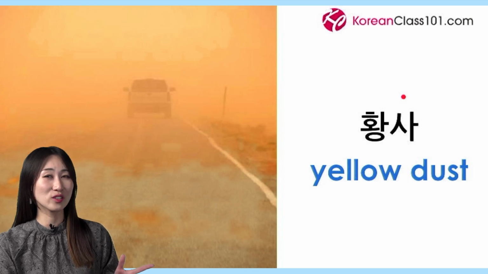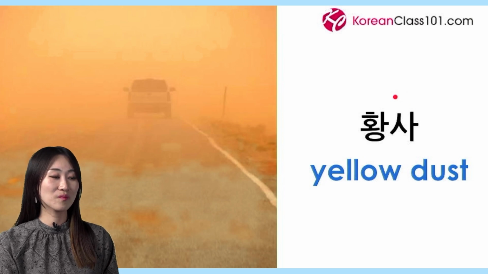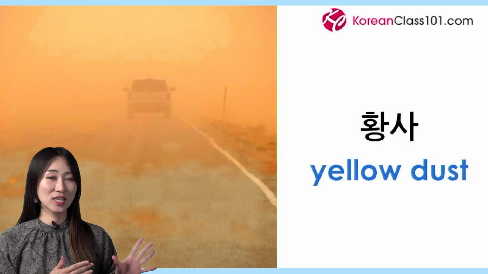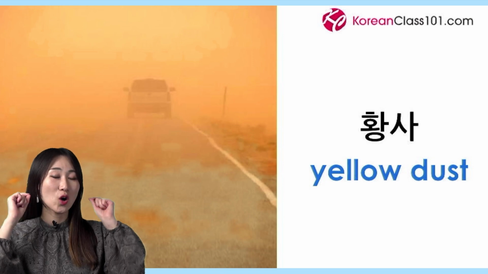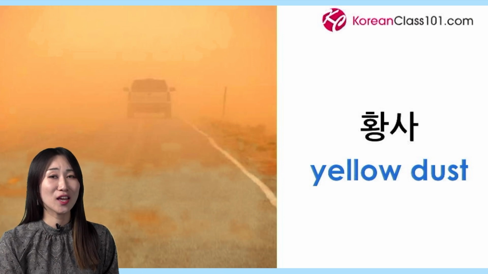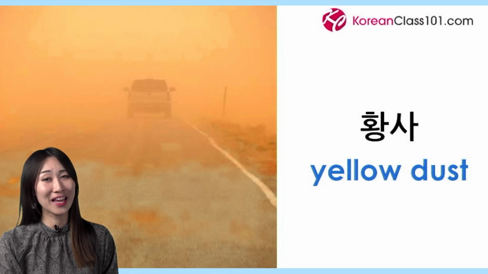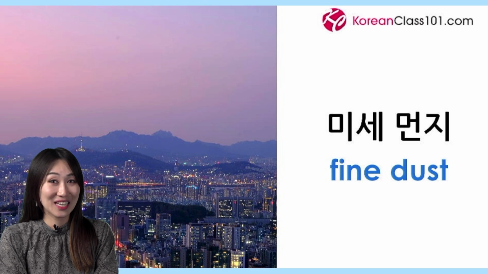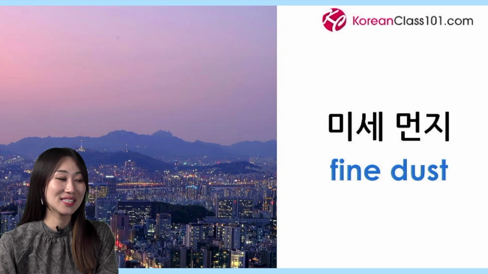So it's yellow dust or yellow sand. 황사. If you are worried about this, you can wear a mask. And we have another problem with the air in spring. We often have fine dust. Fine dust is 미세먼지.